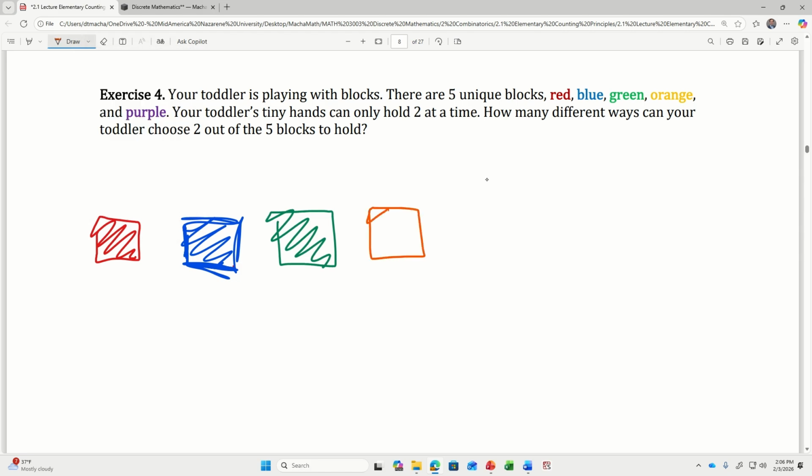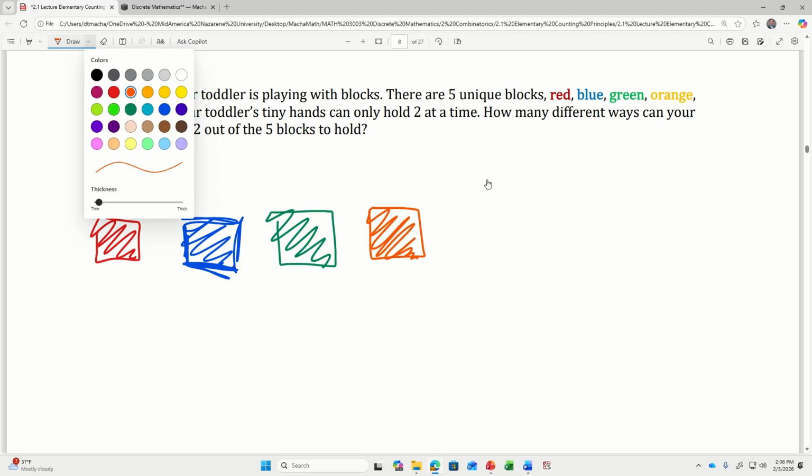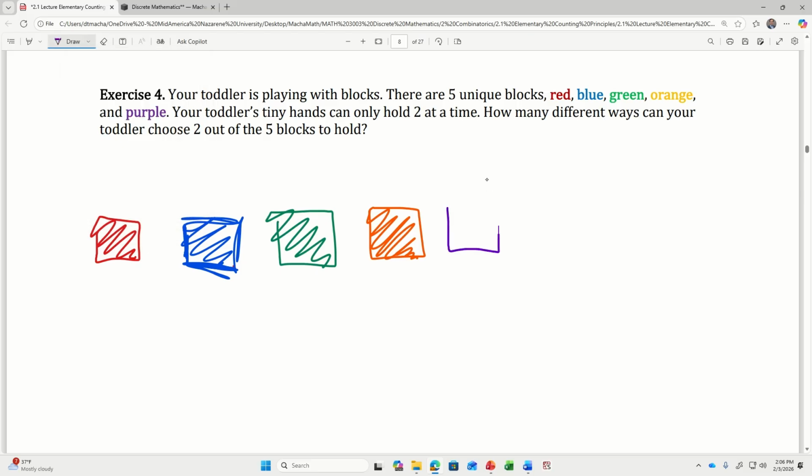Your toddler has tiny hands that can only hold 2 blocks at a time, 1 block per hand. How many different ways can your toddler choose 2 out of the 5 blocks to hold?